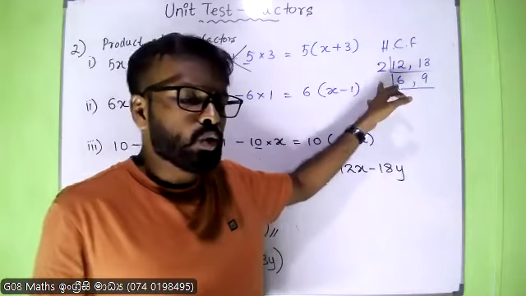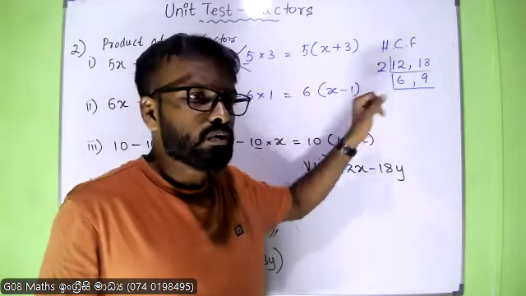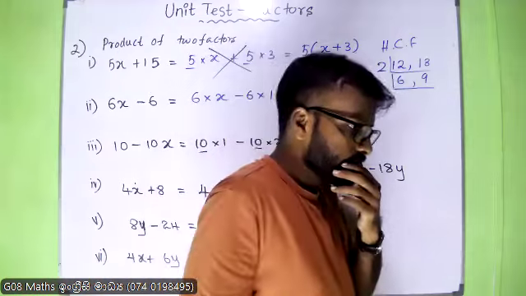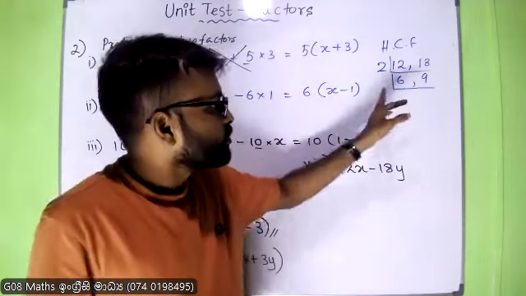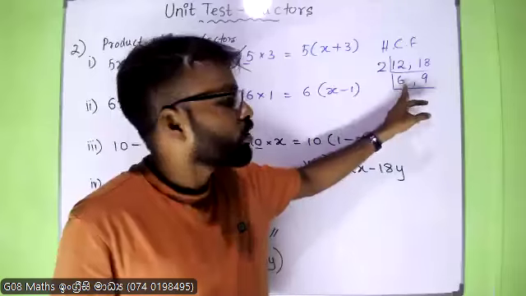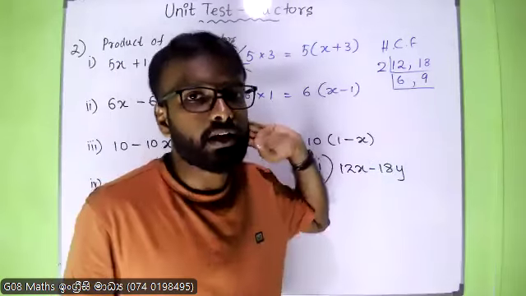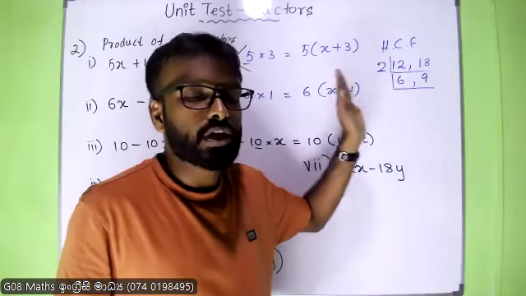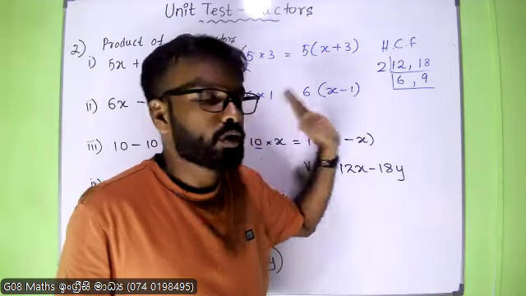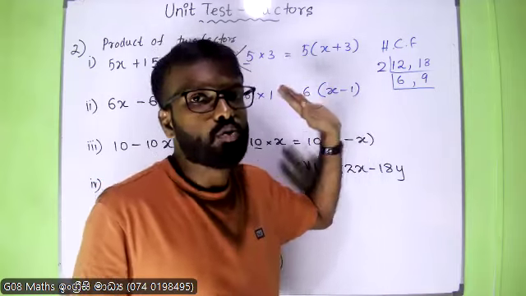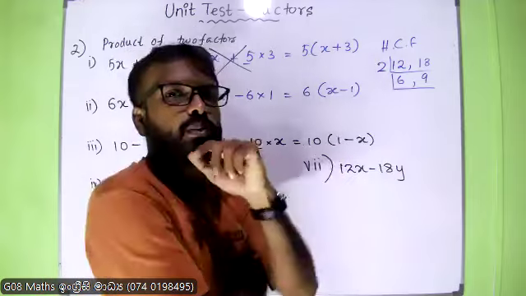Can you use 2 here? No, because 2 can divide only 6. 9 cannot be divided by 2 without any remainder. So 2 is not a suitable one.